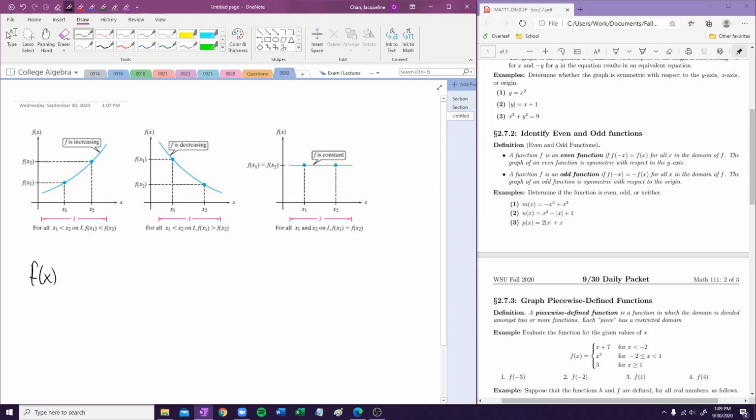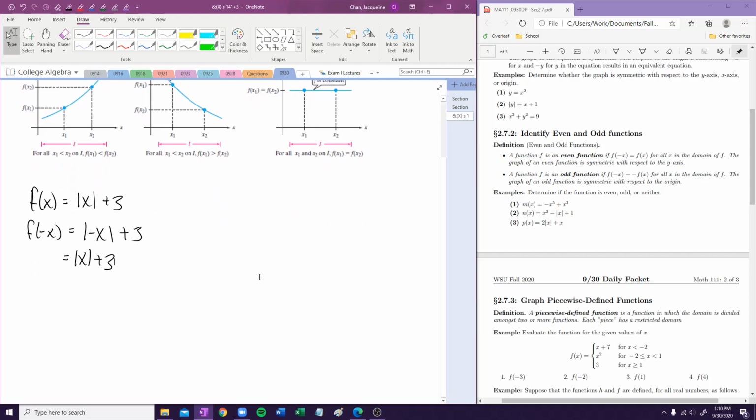If I had f of x equal the absolute value of x plus 3, and I wanted to find f of negative x. It might have confused some of you when I made this absolute value of x. I didn't really explain it, so let me explain it even more.